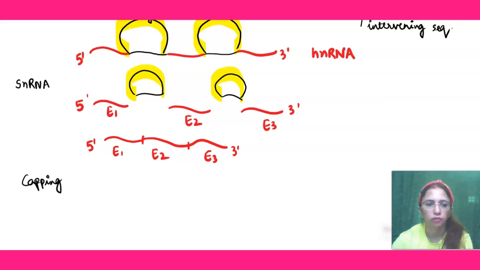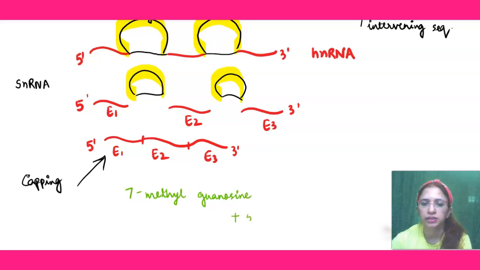Capping means, of course, this structure which is formed here will be wearing a cap. It will be wearing a cap because wearing a cap is important, otherwise the enzymes of the cytoplasm are going to break it. So it will wear a cap, and the chemical called 7-methyl-guanosine, right? 7-methyl-guanosine will be added to the 5' end.